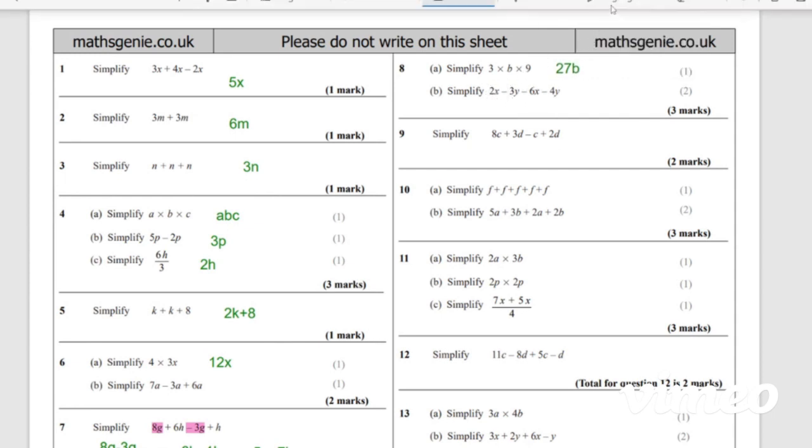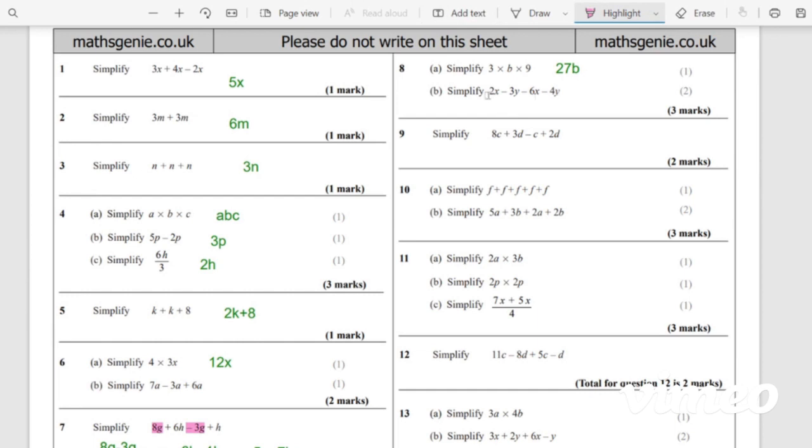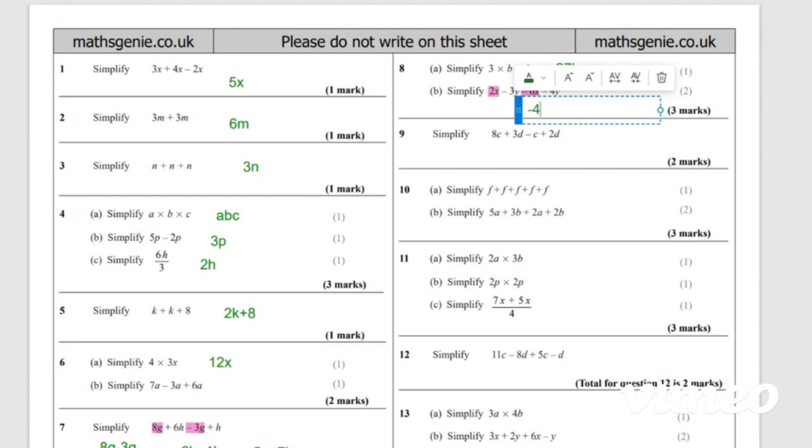This example here is a great example for collecting like terms. We'll do this one together. So remember, I'm going to highlight with the sign in front of the coefficient and its variable. 2x minus 6x. So 2 take away 6 is going to give me minus 4. So I've got minus 4x.